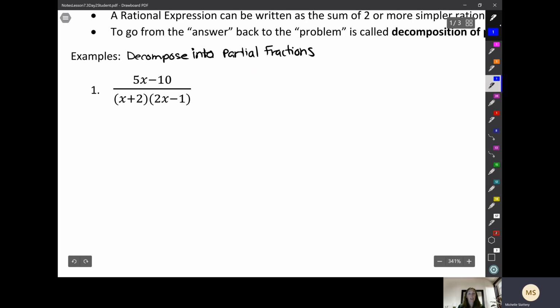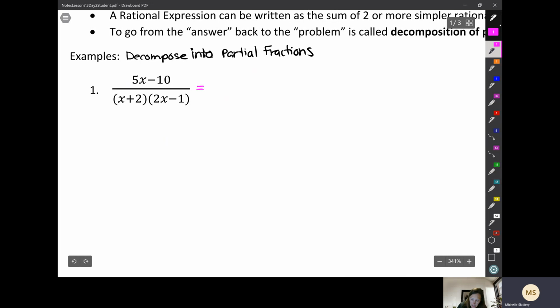Whenever we decompose, we need to figure out how many fractions we have to add together to get this problem. In this case, we're going to have 2. The reason I know it's 2 is because I have 2 factors in the denominator. So I break this up into 2 partial fractions. Each of the fractions is going to have one factor as its denominator. One of my factors is x plus 2, so I put x plus 2 as my first one.